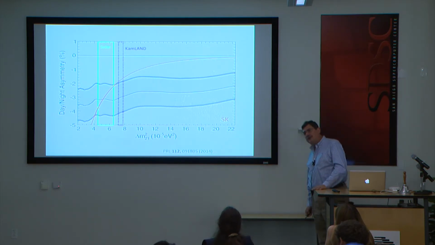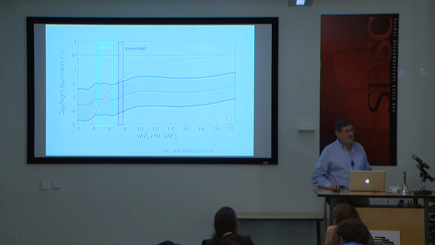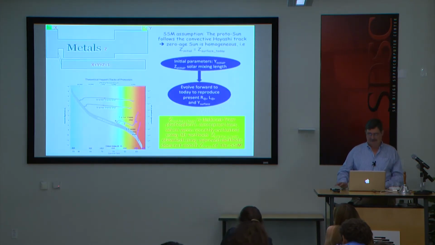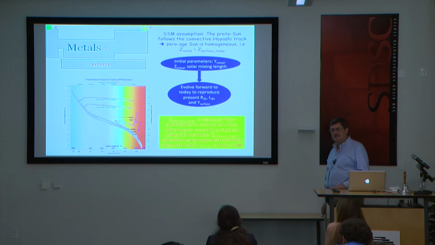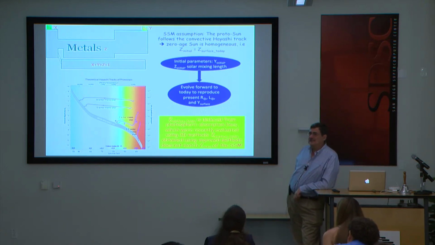Okay, so that's all very good, but I promised you that I will tell you something about CNO neutrinos. So let me go back to them, and let's think about the assumptions in modeling the sun. And let's go back to astrophysics if you wish. Here is the astrophysicists' or astronomers' periodic table.